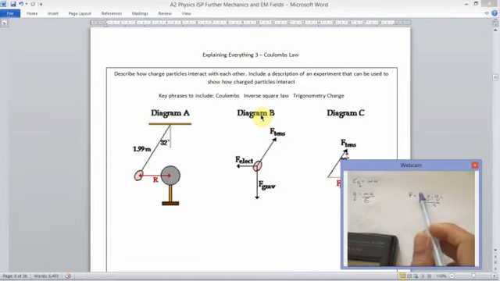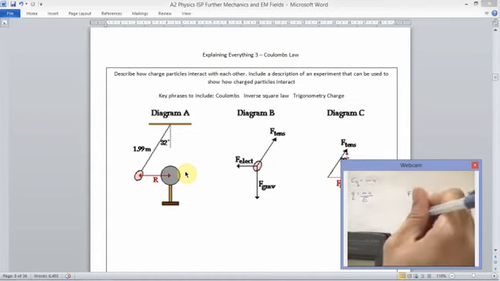So I think it's 1 over 4 pi epsilon naught, where epsilon naught is the permittivity of free space. Q1 and Q2 are charges, and r squared essentially is the distance between the two objects squared. Okay, so it's an inverse square law. F is directly proportional to 1 over r squared.